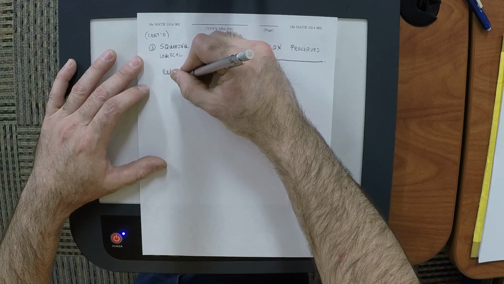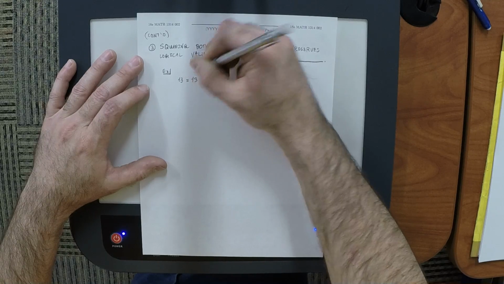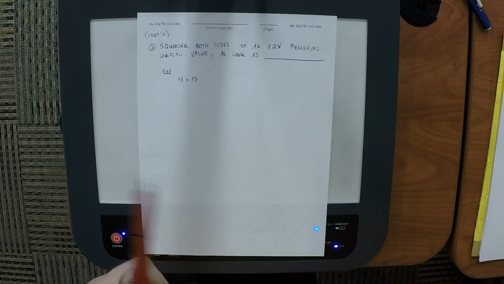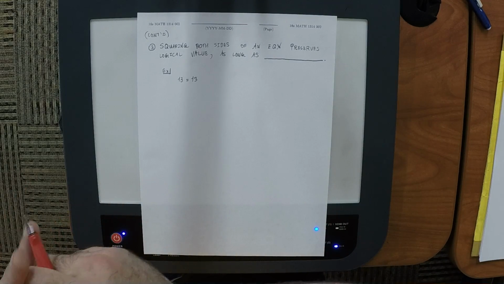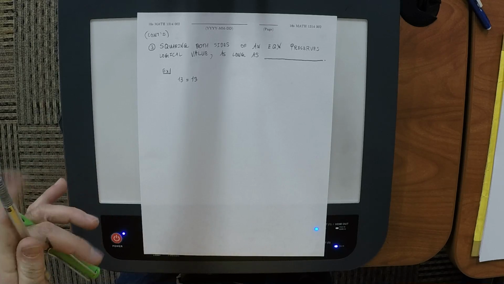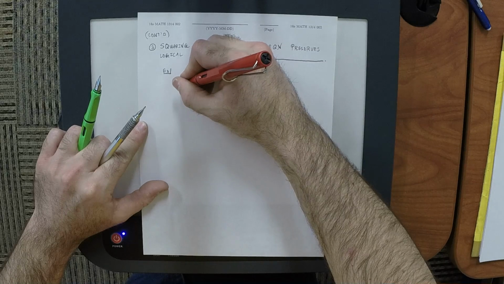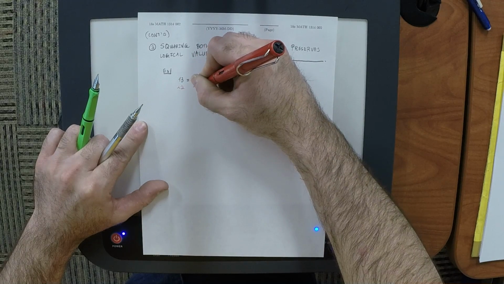Okay, so 13 equal 13. An equation that is true. Suppose we want to square both sides. What is the punctuation for exponents? Caret, right? So like this. We want to square both sides.